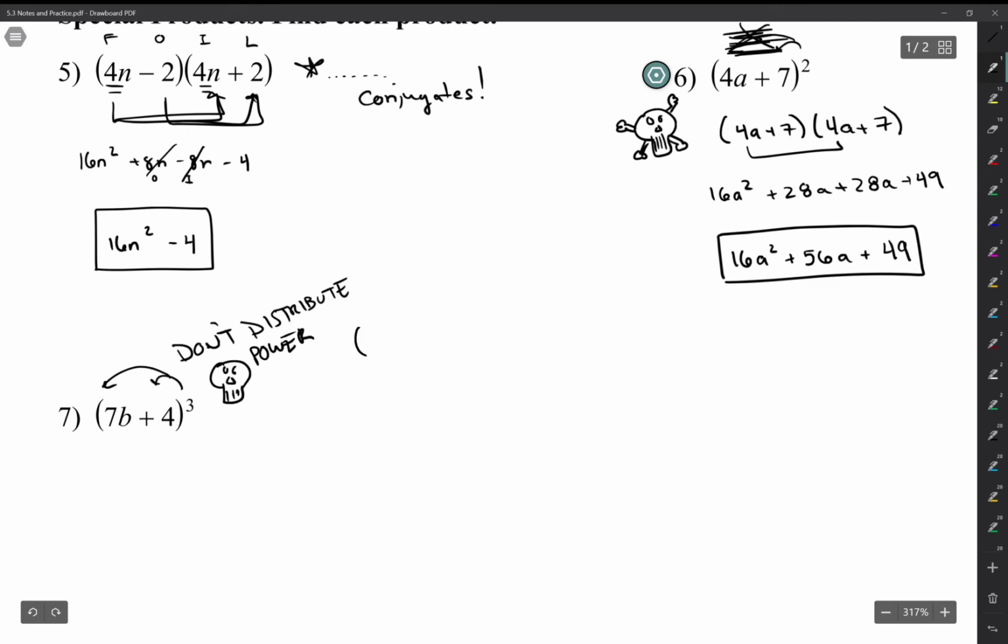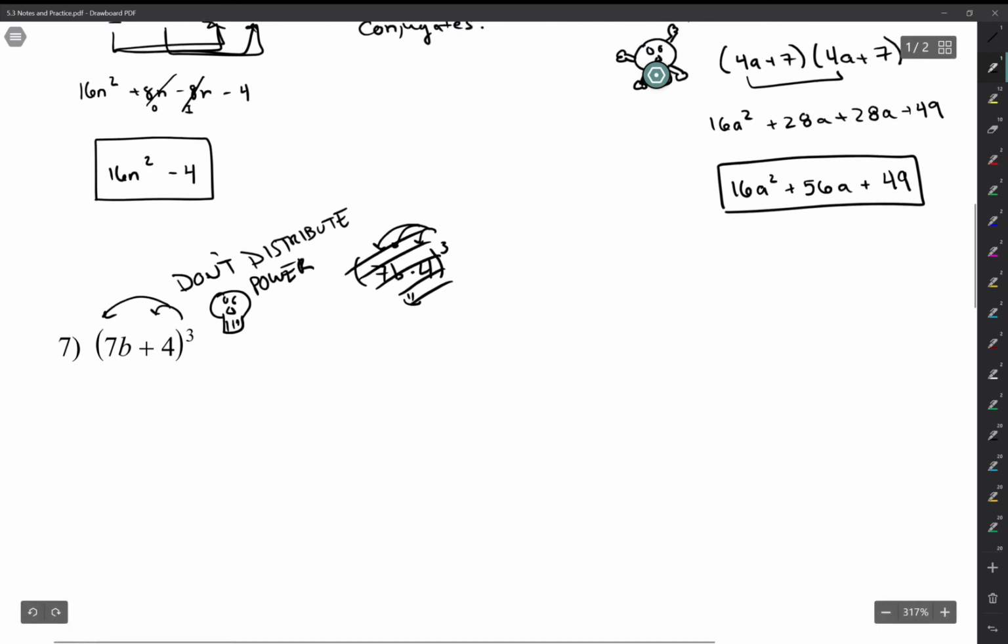If this was multiplication, then you could. Multiplication, yes. Addition, no, so ignore that for right now. Instead, what we have are 3 of these chunks, and you might be intimidated already, but it'll be okay. Just take it slow.